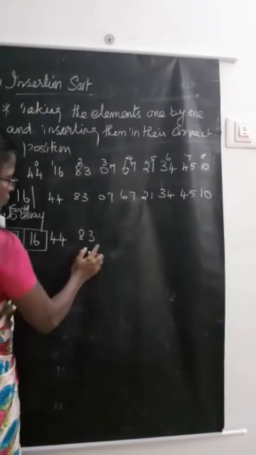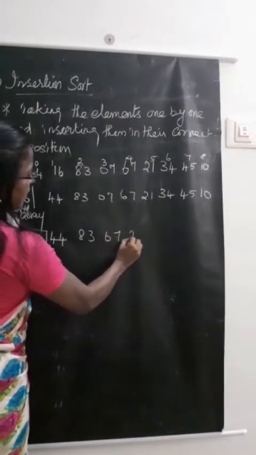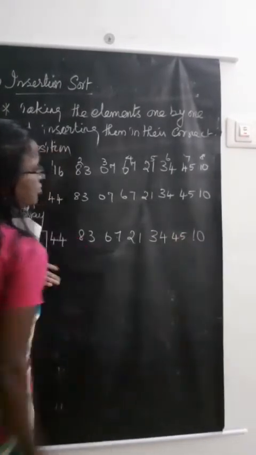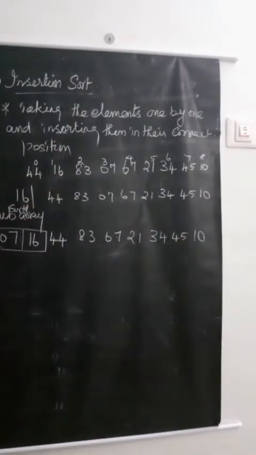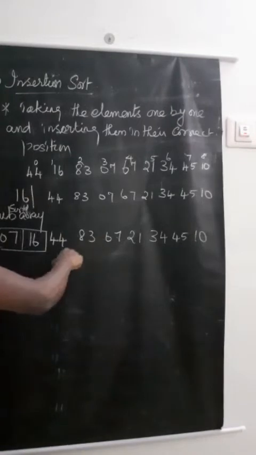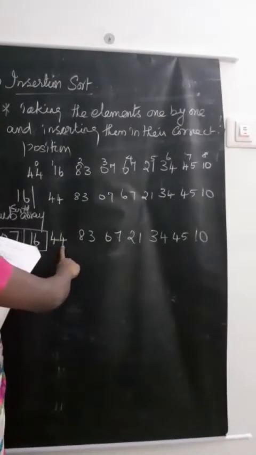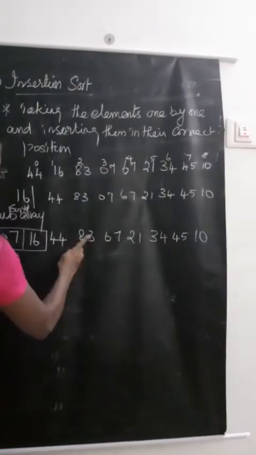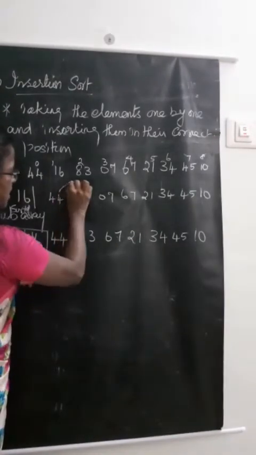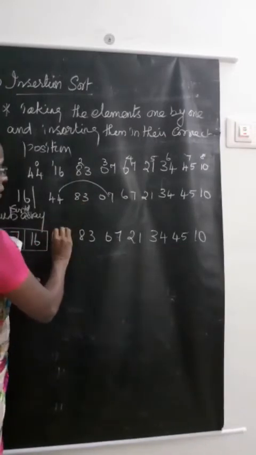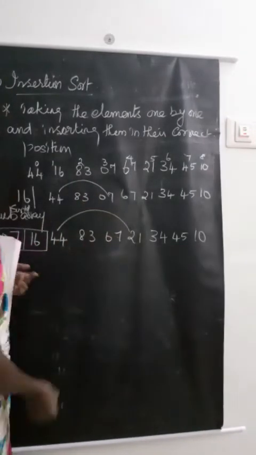Then 83, 67, 21, 34, 45, 10. Again 44 and 67, so no need of exchanging. 44 is compared with 83, no need of swapping. Then 44 is compared with 21.